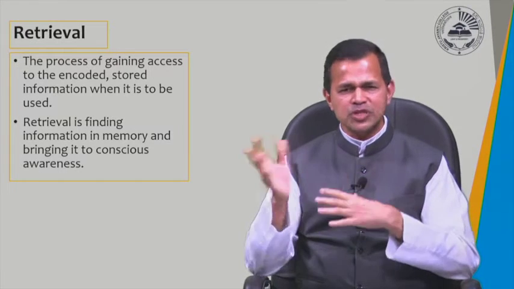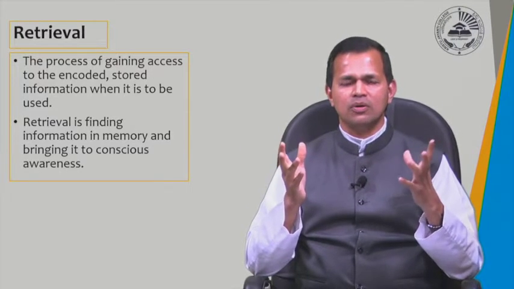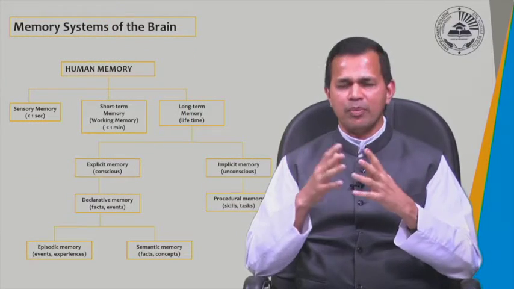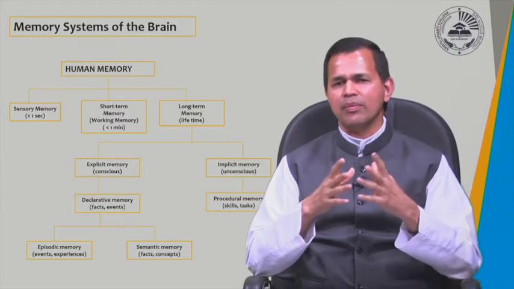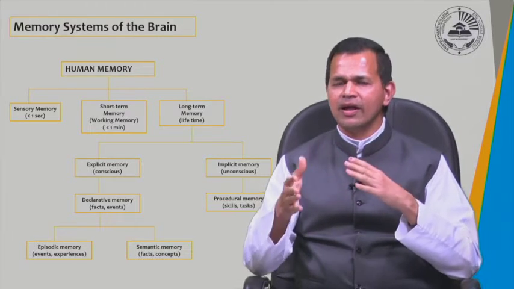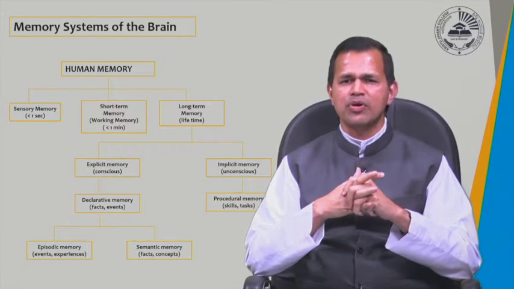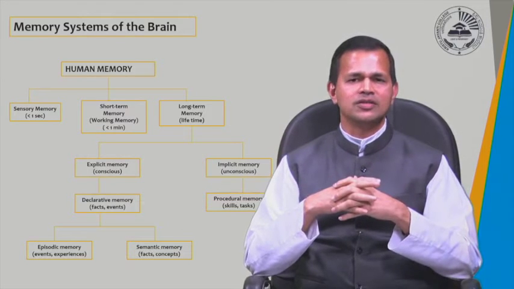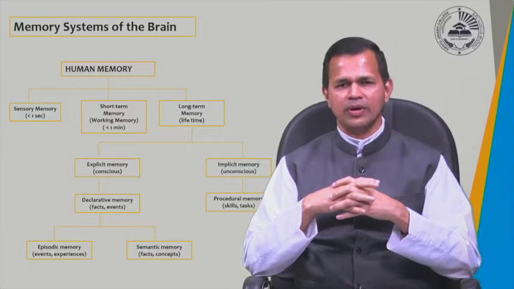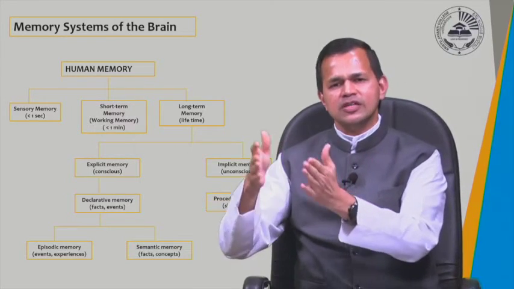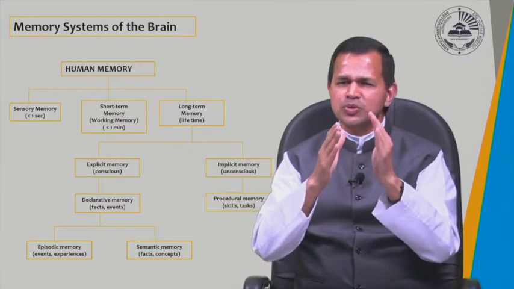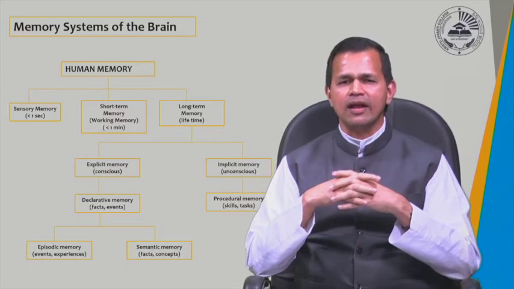Now, as we proceed further, let me talk about the 3 types or systems of memory. There is sensory memory, then short-term memory or working memory, and then long-term memory. Before explaining each stage further, let me give you a feel.